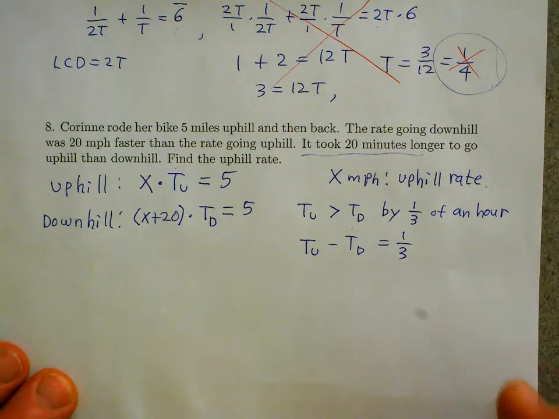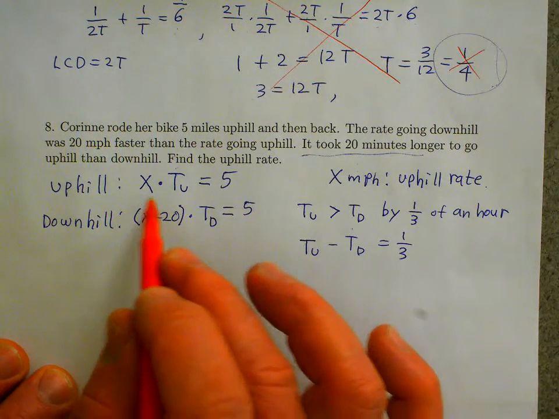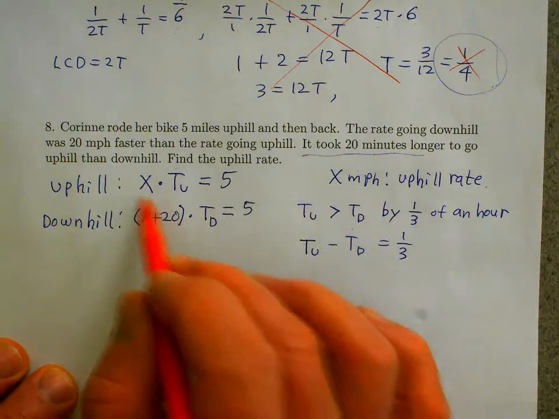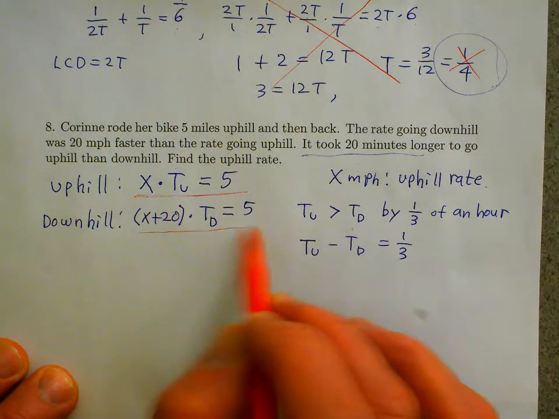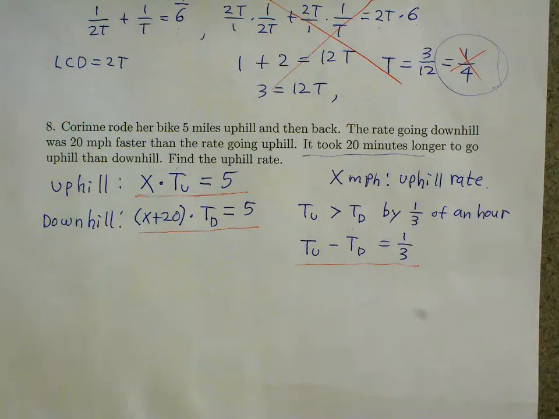Okay, so we've seen similar types of setups, even in the work problems. We have three equations. We want to use the information from each of those three equations to get a single equation whose only variable is x.